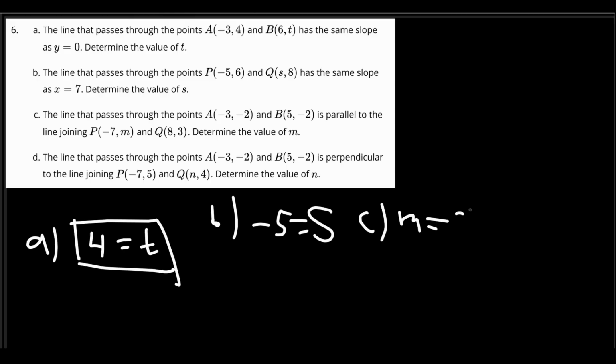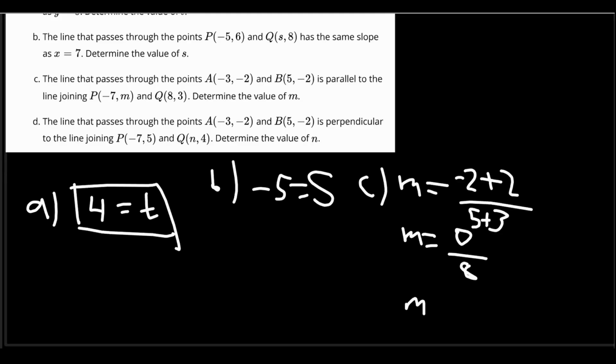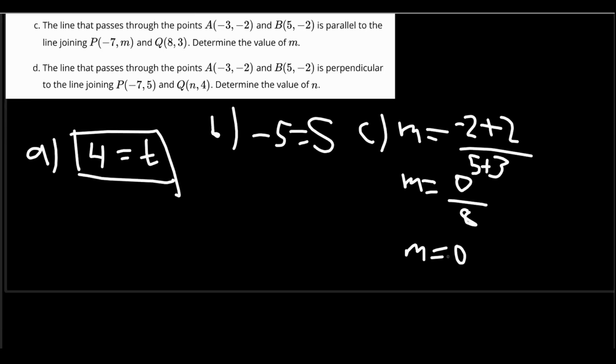So we have minus 2 minus negative 2, which is just plus 2, over 5 minus negative 3, which is just plus 3. So the slope is going to be 0 over 8, and 0 over anything is just 0. So the slope is 0. Now we can use this slope and plug it into the equation.